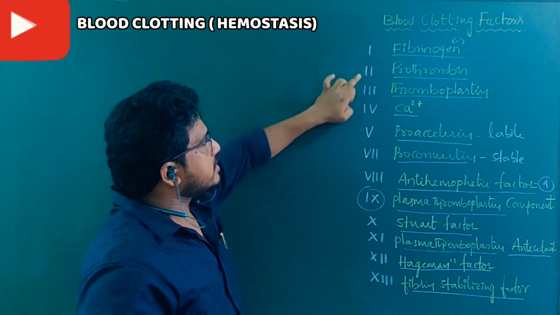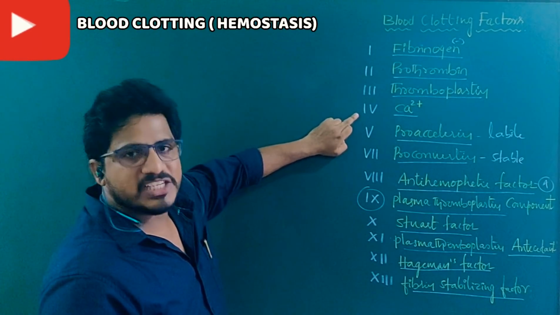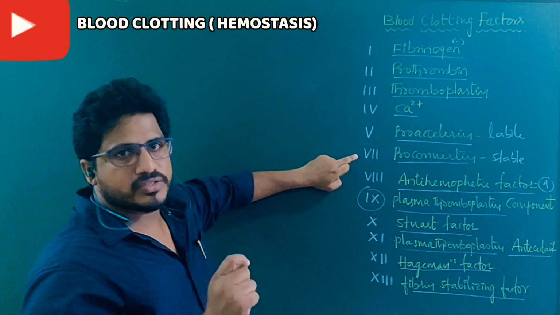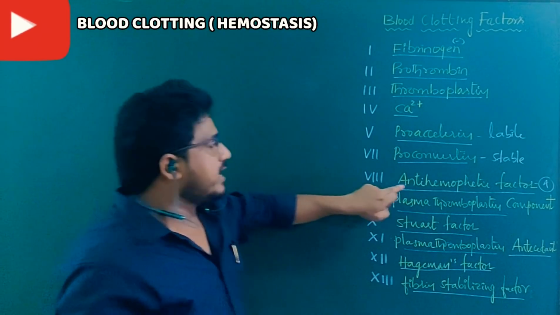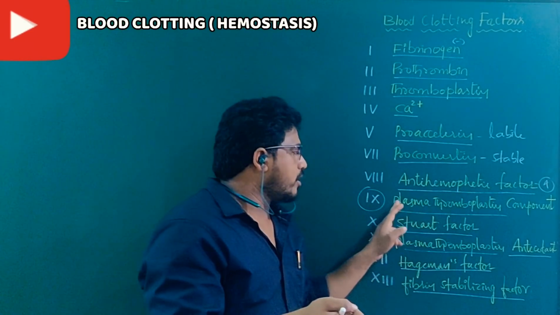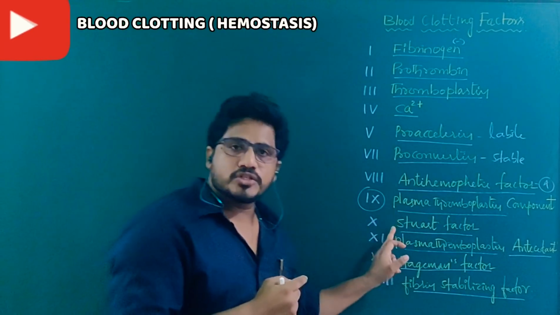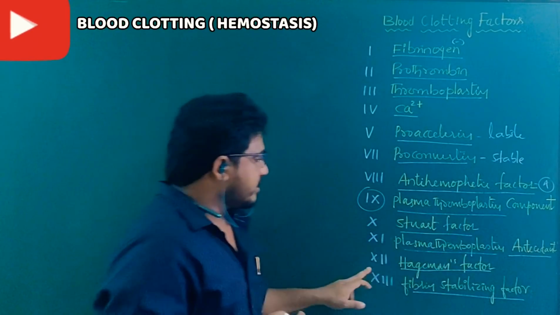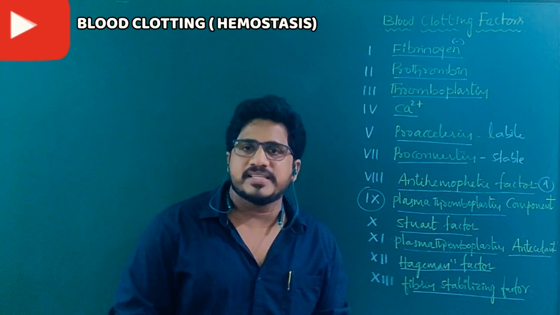Factor 1 fibrinogen, factor 2 prothrombin, factor 3 thromboplastin, factor 4 calcium ions, factor 5 proaccelerin, factor 7, there is no sixth factor. Factor 7 is proconvertin, 8th factor is anti-hemophilic factor, 9th factor is Christmas factor, also called plasma thromboplastin component, 10th factor is Stuart factor, 11th factor is plasma thromboplastin antecedent, 12th factor is Hageman's factor, and 13th factor is fibrin stabilizing factor.